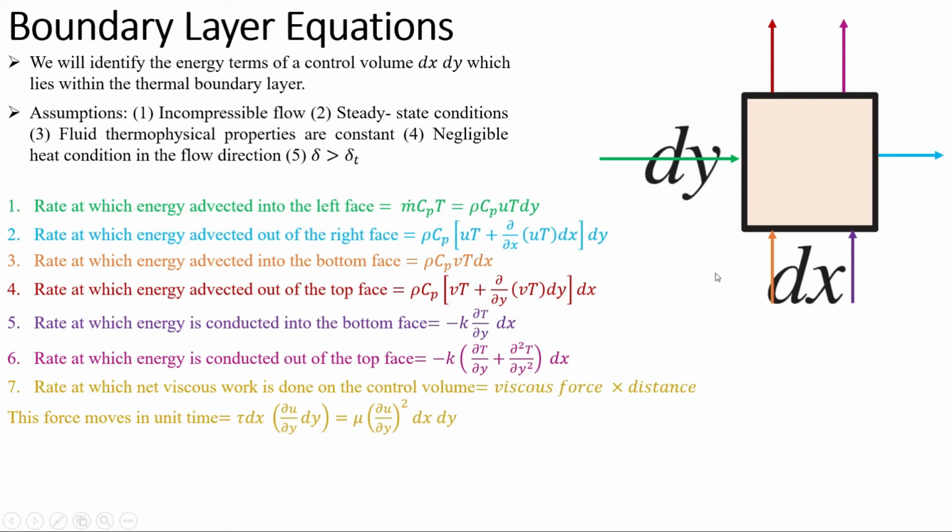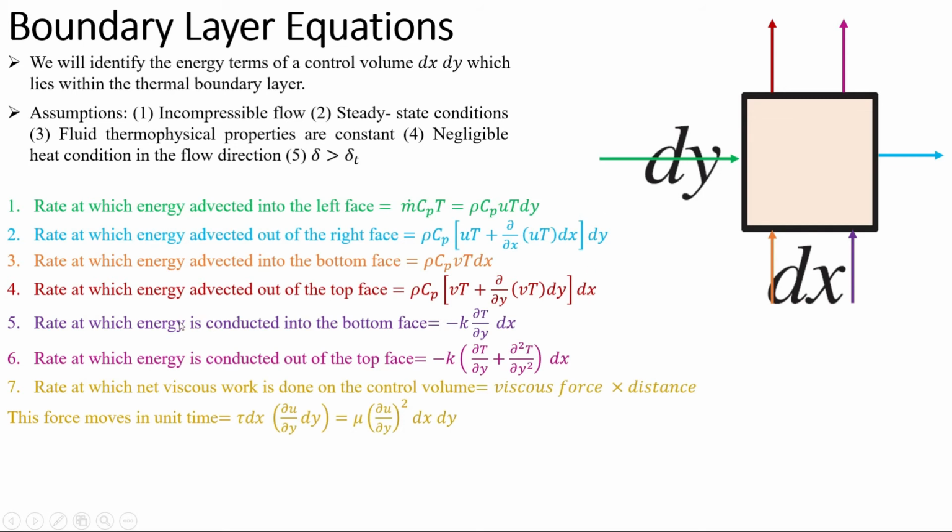So the amount of energy that is advected into the bottom phase will be rho Cp vT dx. Now this energy will get advected out from the top phase, and it will change with respect to y, because we are moving in y direction. So the amount of energy that goes out of the top phase will be rho Cp (vT plus ∂/∂y (vT) dy) into dx.